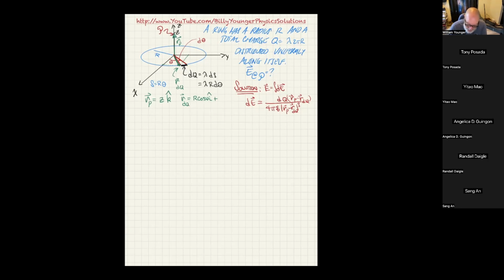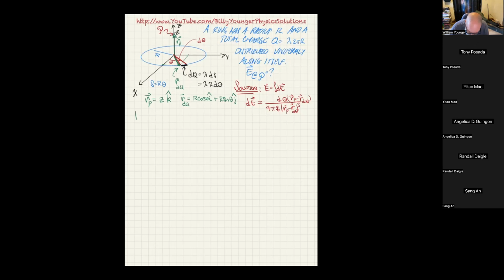It's the length parallel to the y-axis, which is going to be r times the sine of theta.